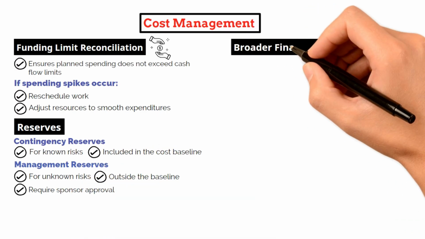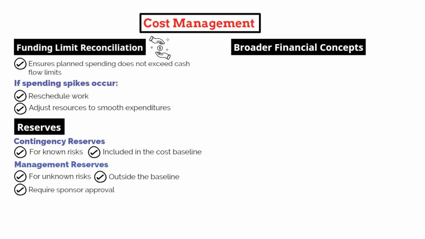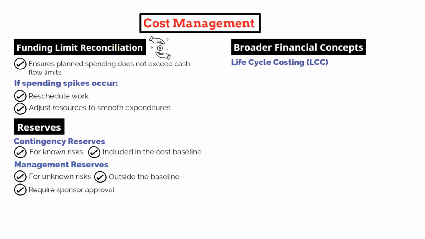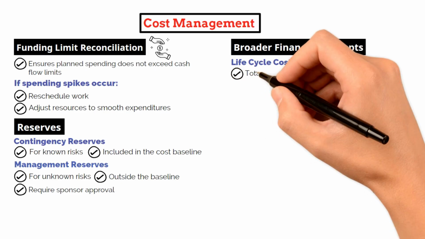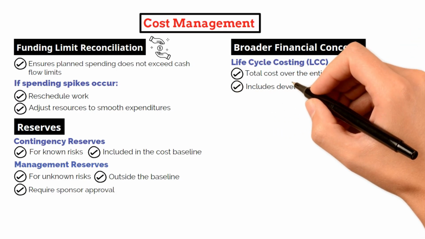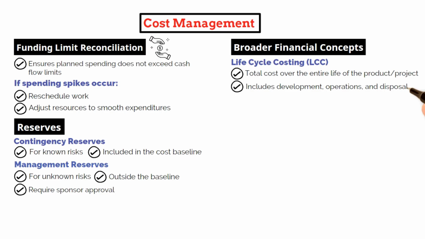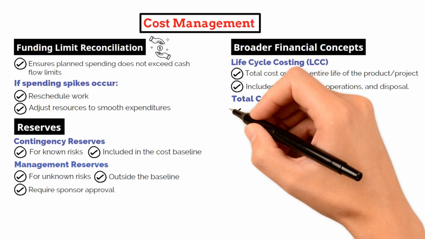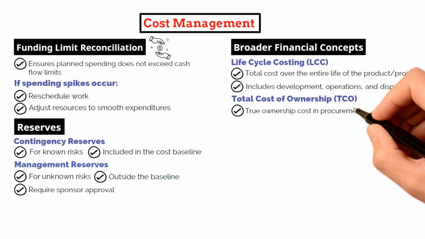Finally, remember the broader financial perspective tested on the exam. Life cycle costing, or LCC, is about the big picture cost used in the business case. It includes the total cost of the project or product over its entire life, from development through operations all the way to retirement or disposal. Total cost of ownership, or TCO, is about the true cost of ownership in procurement decisions.